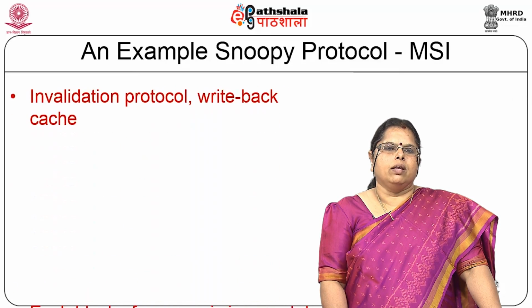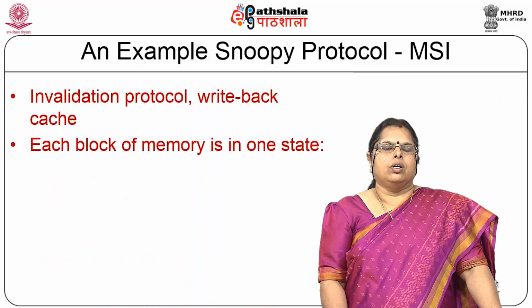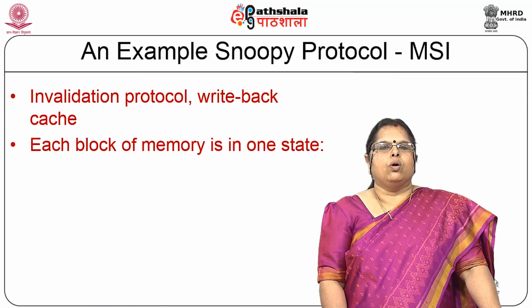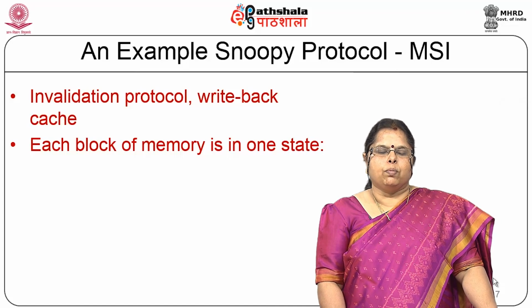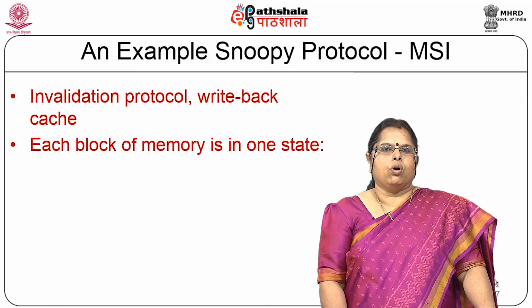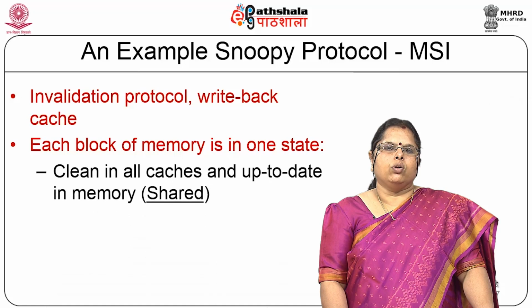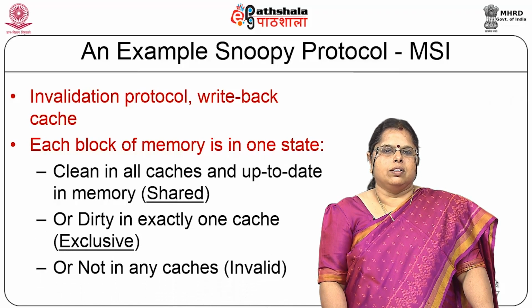Whereas, if you look at the invalidation protocol, you have other benefits associated with it. Now, what we will assume for our discussion here is an invalidation protocol, a write invalidation protocol with the write back cache.